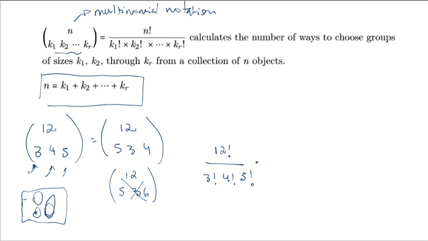Imagine that this is 3 bins. So all the possibilities of 12 choose 3, all of them can actually be permutated. Let's say that one of the possibilities of 12 choose 3 is getting person A, person B, and person C in this configuration.